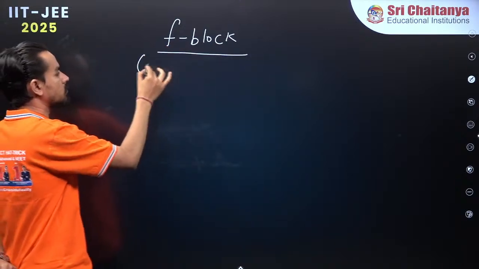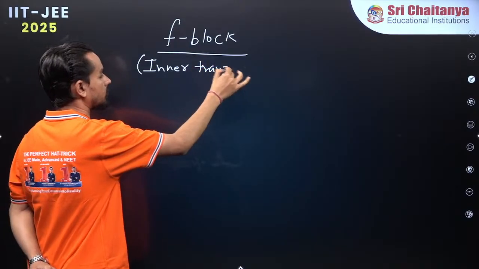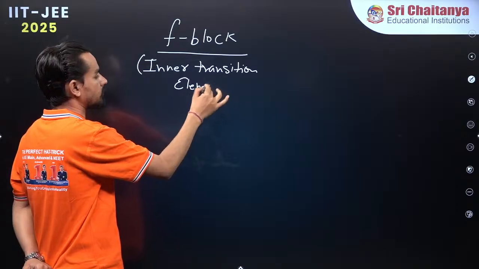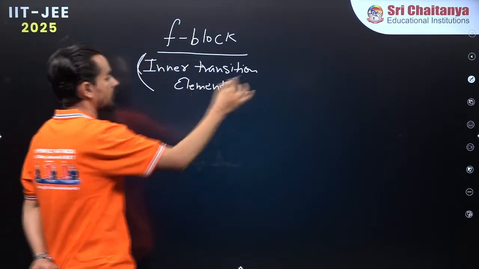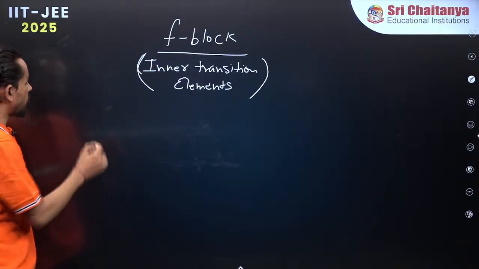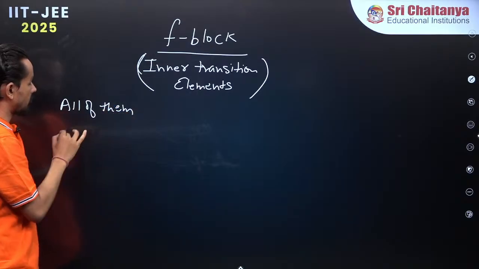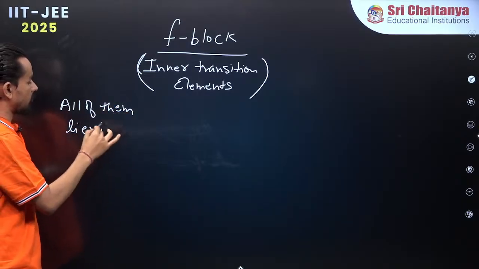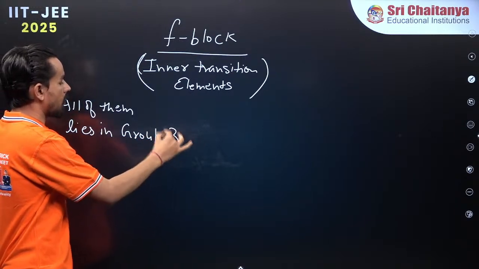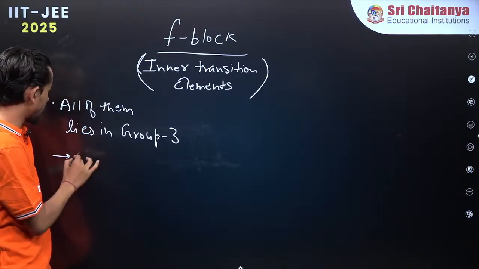The f block elements are also known as inner transition metals, or inner transition elements to be more precise. What we know about them is, first of all, all of them lie in group 3.